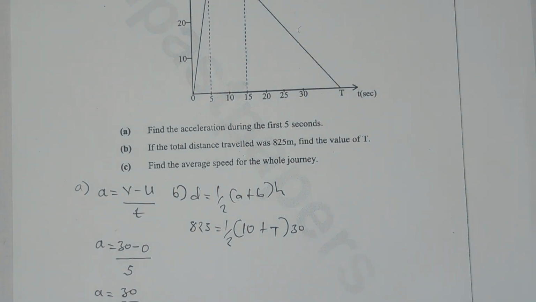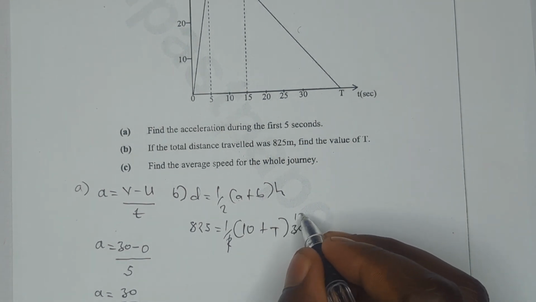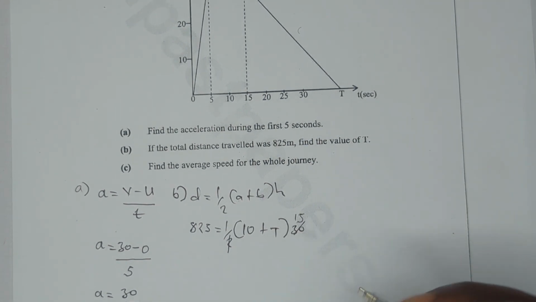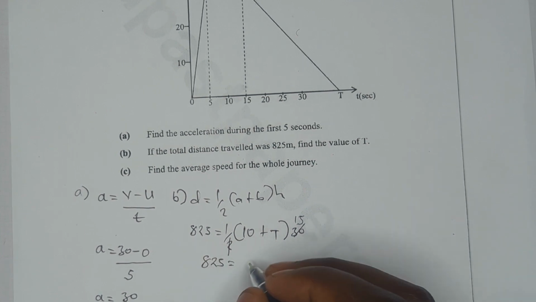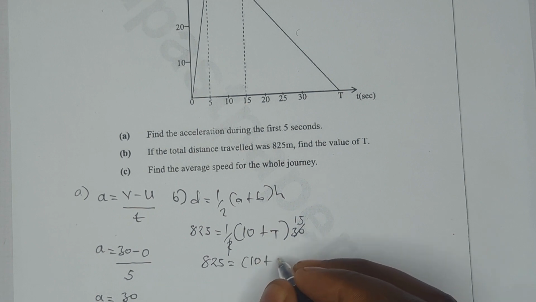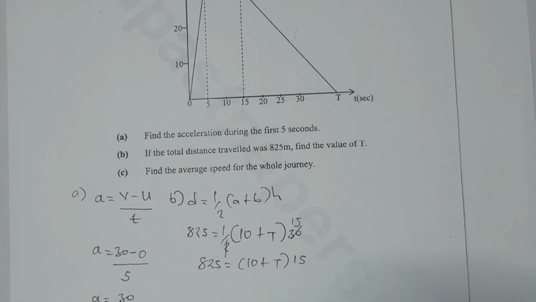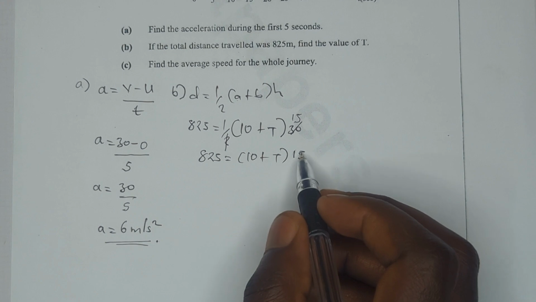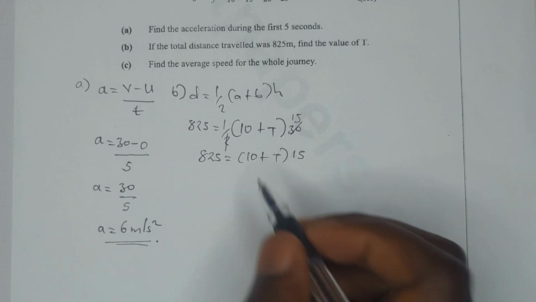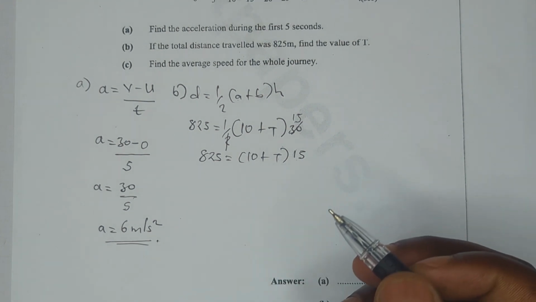Now we can compute this. These two can go into 30 15 times. So this will be 825 is equal to, we are remaining with 10 plus t times 15. If you want, you can distribute this 15 with everything inside: 15 multiplied by 10, 15 multiplied by t.